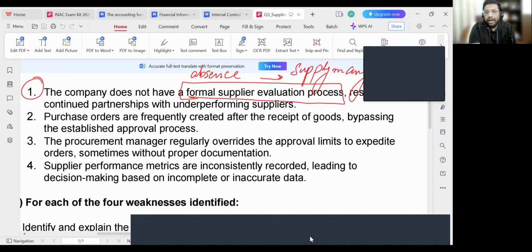So when you don't have a structured evaluation process, the company risks continued engagement with underperforming suppliers. Okay, so you are working with underperforming suppliers, so it's going to lead to inconsistent product quality, production delays, and potential losses as well.